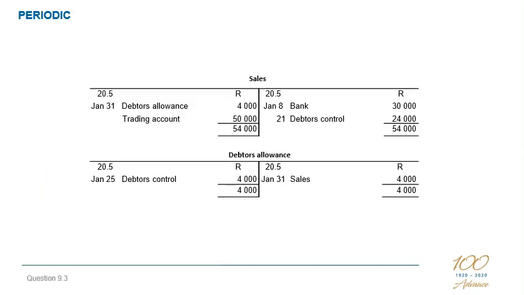In my income and expenses, I closed off sales returns or debtors allowances. In the periodic, we rather use the term sales returns to my sales before I could take my sales to the trading account.